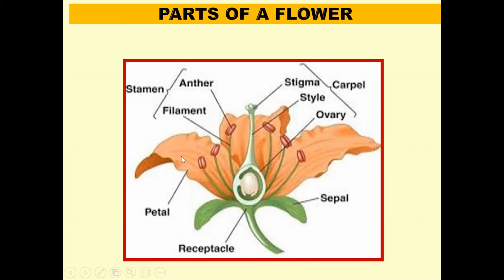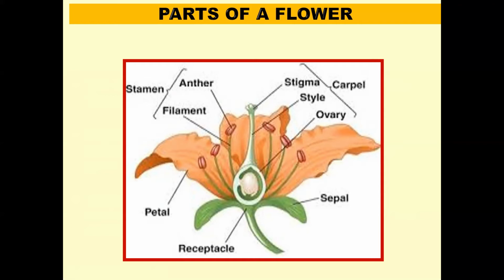The next and very attractive part of the flower is the petals. They are colorful, have sweet fragrance, and store lots of nectar when pollination occurs by means of insects or birds. Otherwise, petals are white in color.